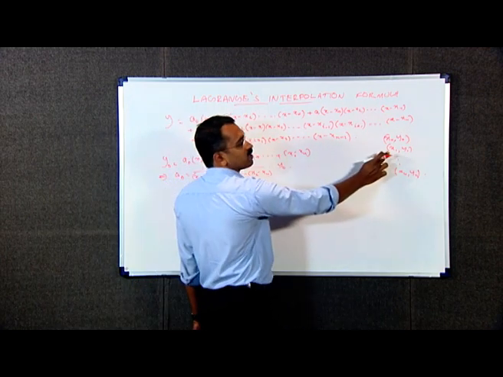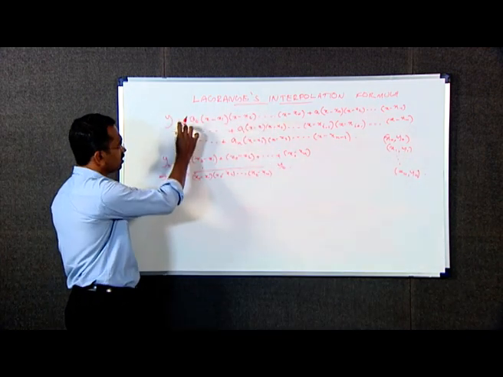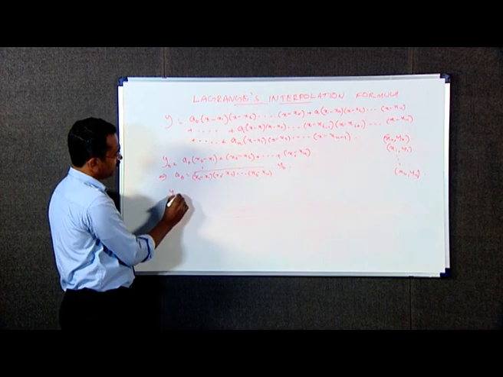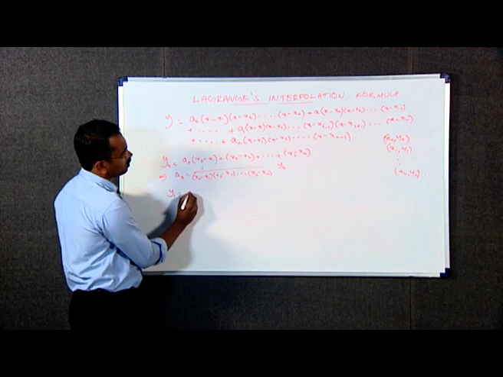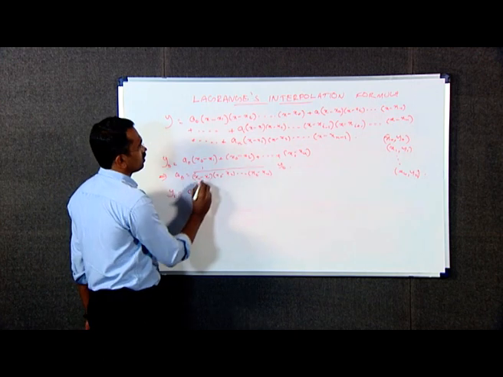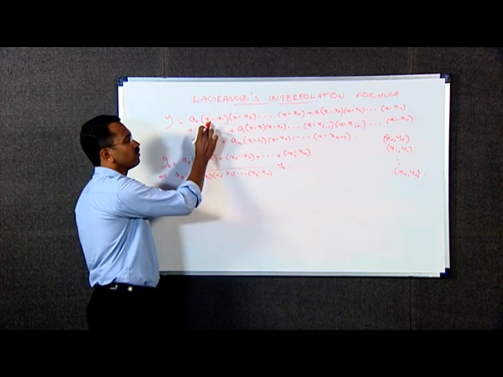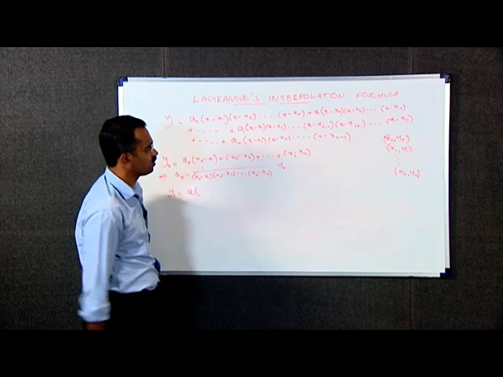Now, we substitute x1 y1, and the equation becomes y1 is equal to a naught into x1 minus x naught. This term will become 0, because if we put x equal to x1 here, this will become 0.